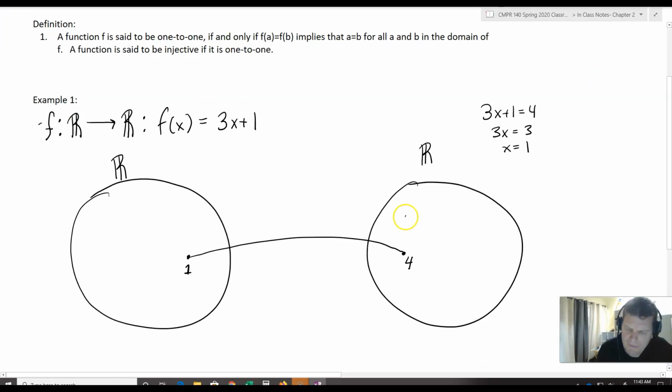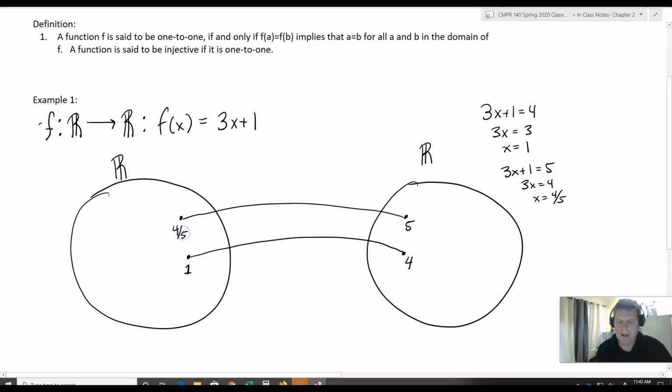If I imagine also, let's say, for example, I take 5. So I take 3x plus 1, and I set it equal to 5, then that's going to give me 3x equals 4, and so x is going to equal 4 over 3. So over here, it'll be 4 over 3, and that's the only thing that 5 maps back to. Choose any number that you want. Pick 0. We get 3x plus 1 equals 0, 3x equals negative 1, and so x equals negative 1/3.